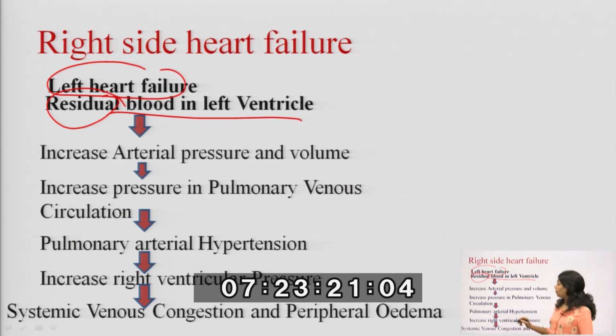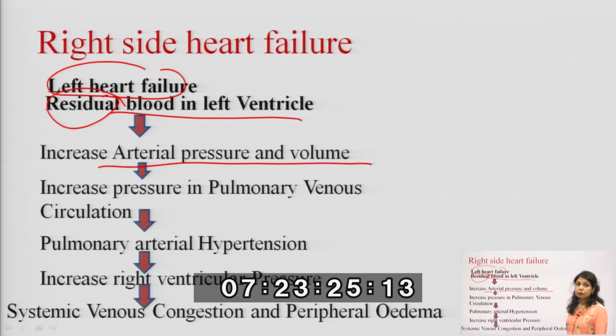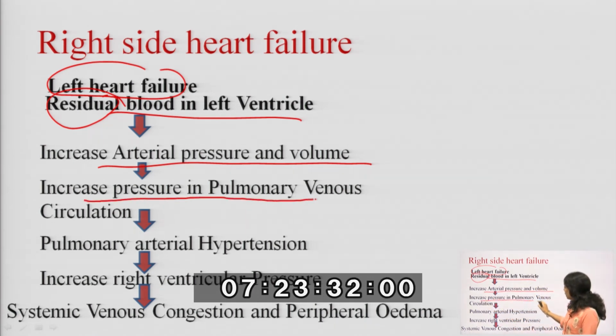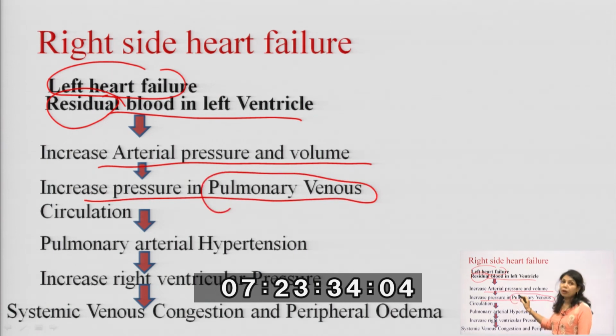So, what will happen? There is increased arterial pressure and volume, leading to an increase in the pressure in the pulmonary veins. Okay, in the pulmonary veins the pressure increases.